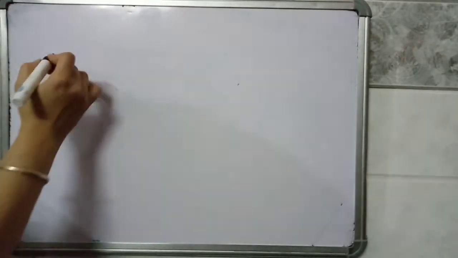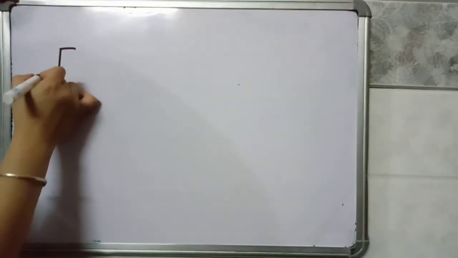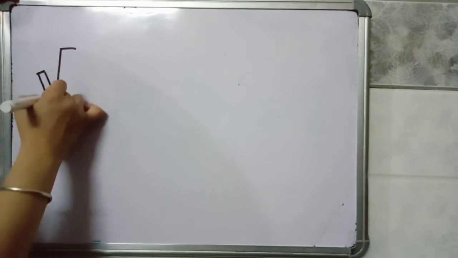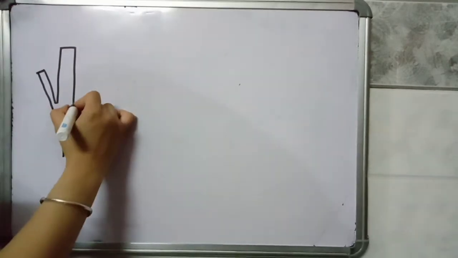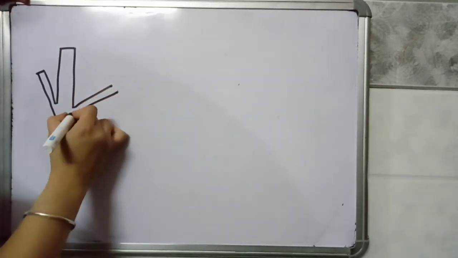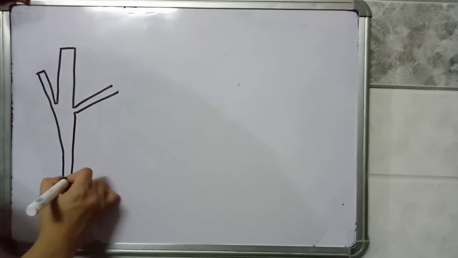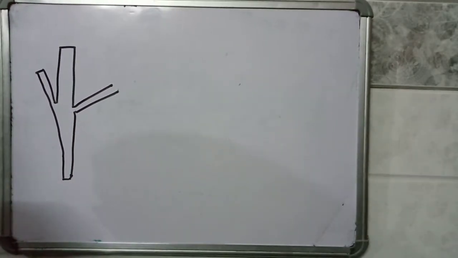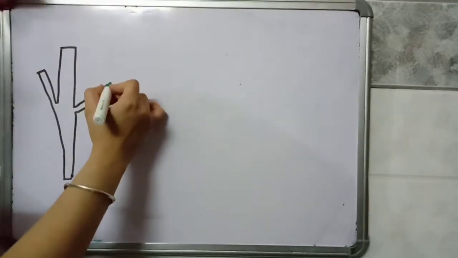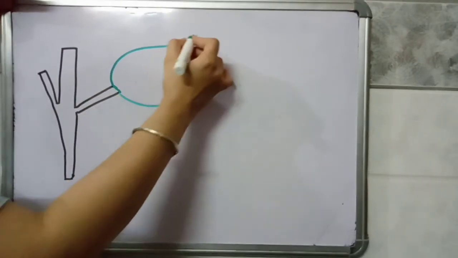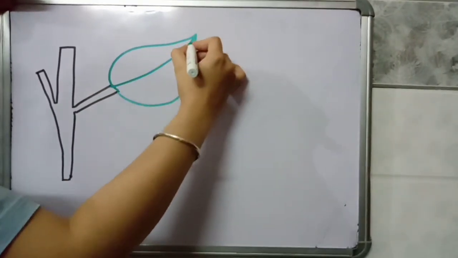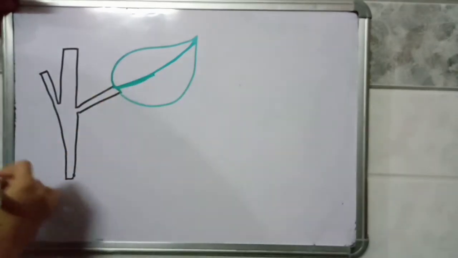Now we will draw the diagram of a leaf. This is the diagram of a leaf.